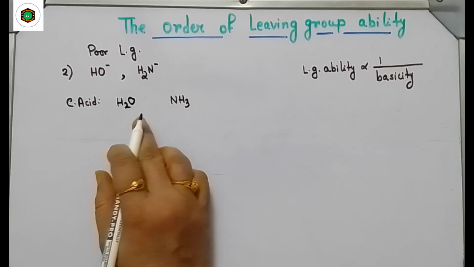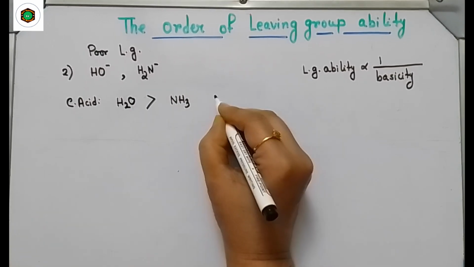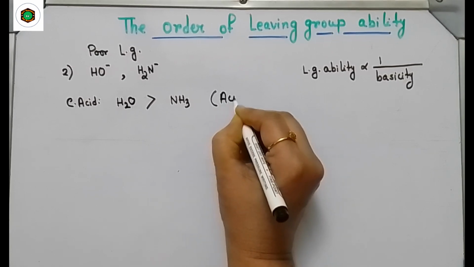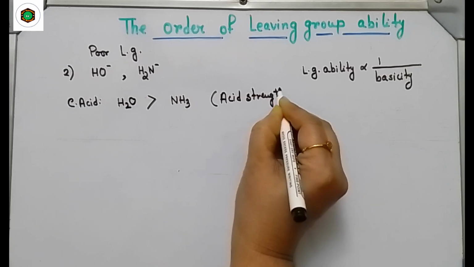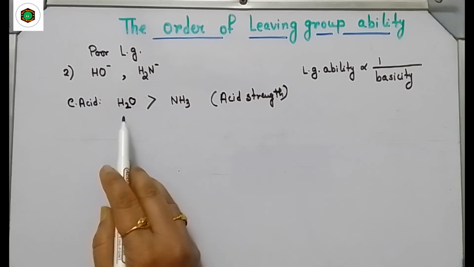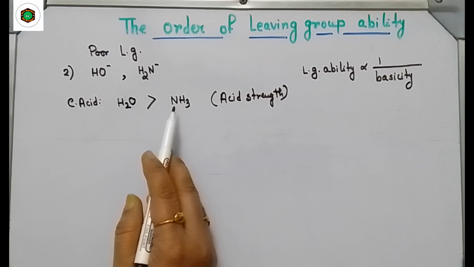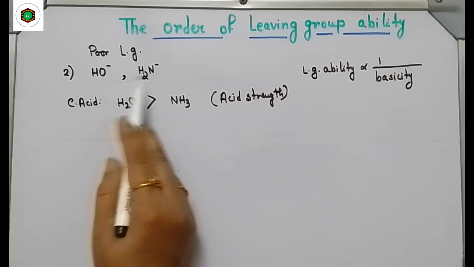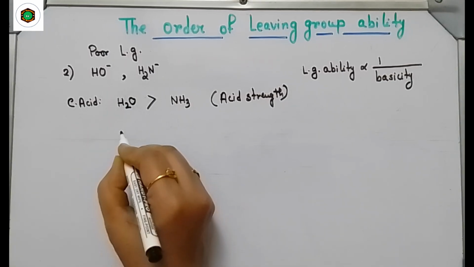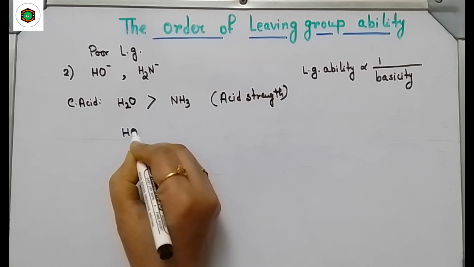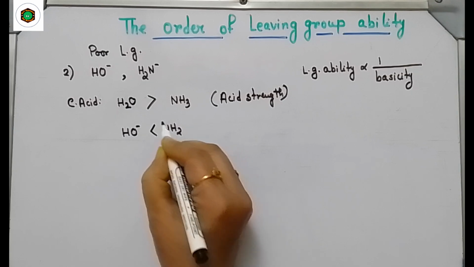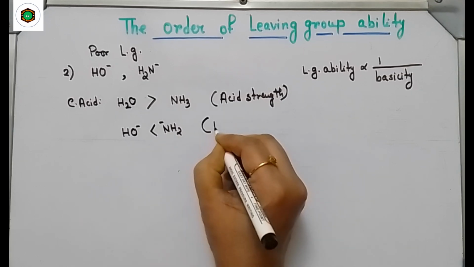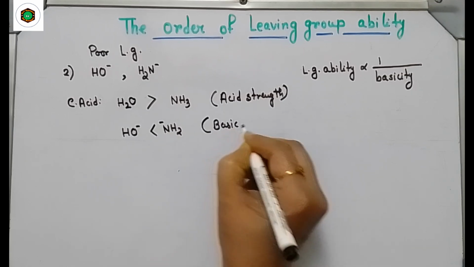So you know water is more acidic than ammonia. This is its acid strength. If water is more acidic than ammonia, then what is the basic strength between these two? It is the reverse, means this is the basic strength.